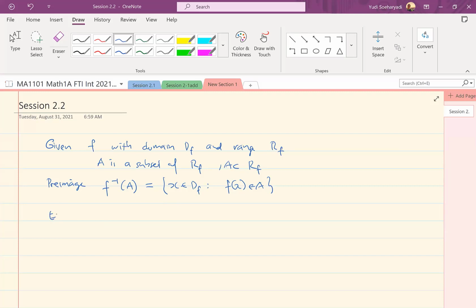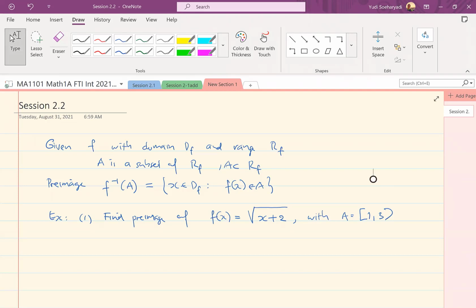Okay, example. So find the preimage of, say, our A is there, for example.